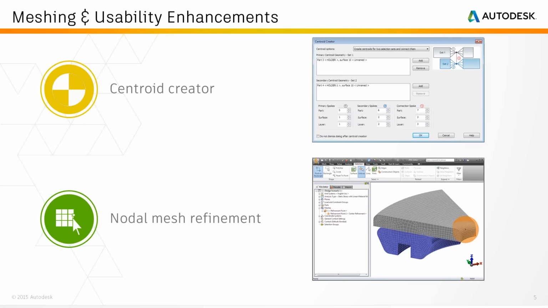This year, we added the capability to control the different part numbers and surface numbers and layer numbers each of those spokes are applied to. So if you look at this image here, we can easily see a quick diagram of what a created spoke set would look like. Let's assume we have two parts.